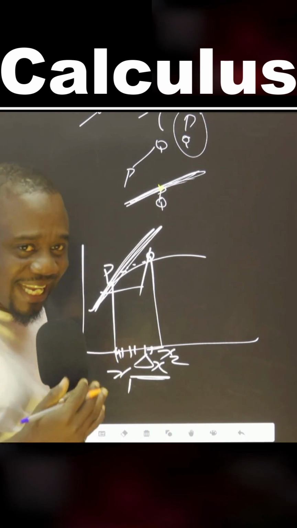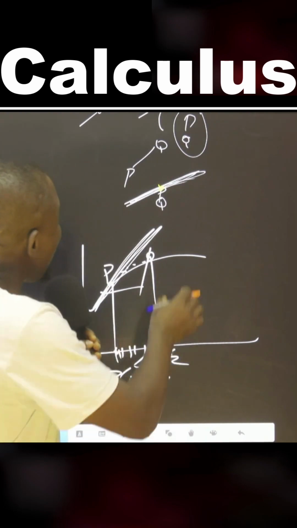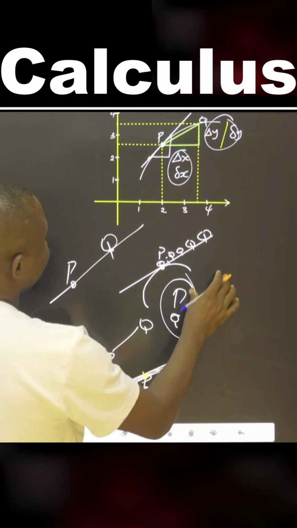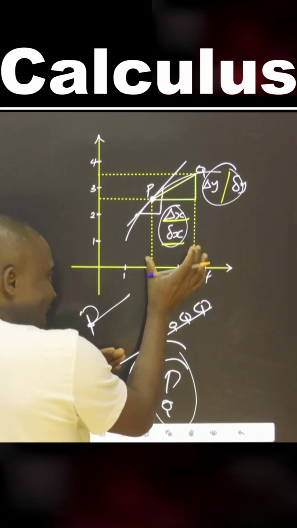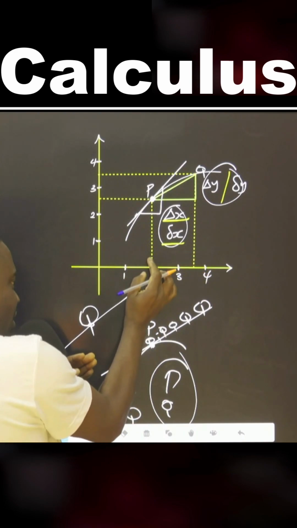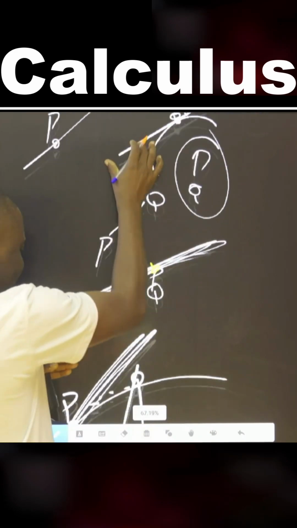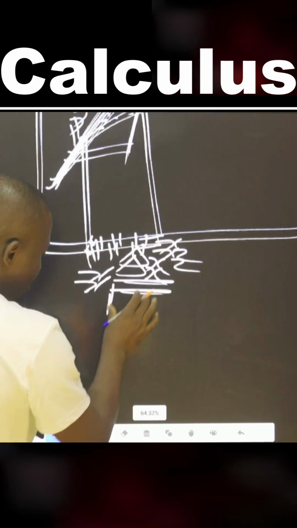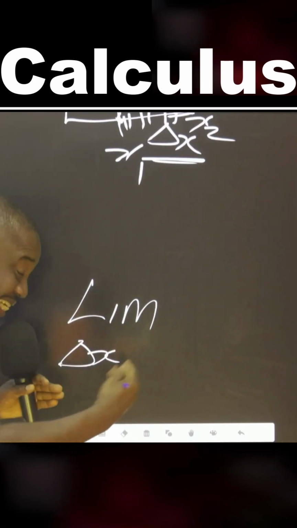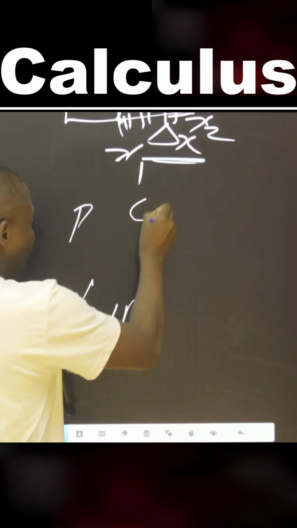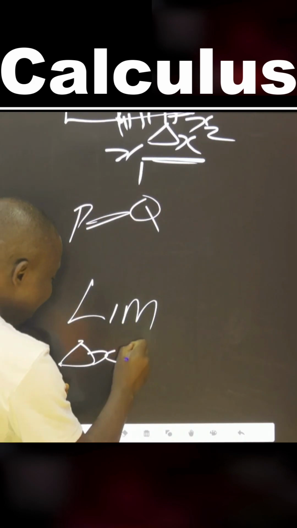So that's why we said, when the gap is closing, we now brought this idea of the limit as delta x, the change between P and Q, is tending towards 0.